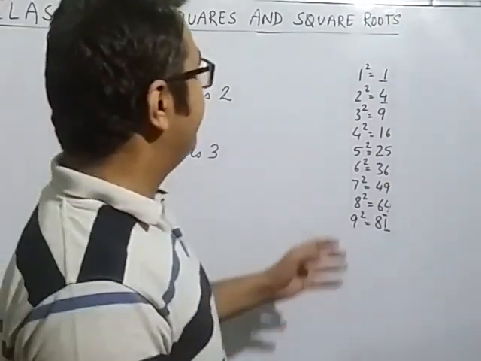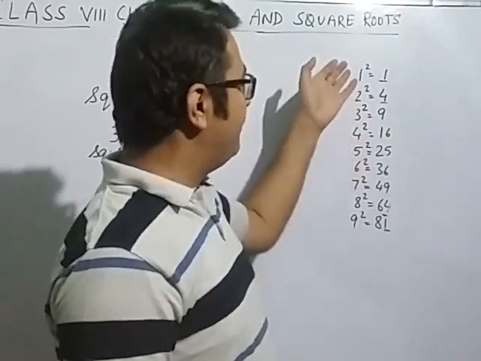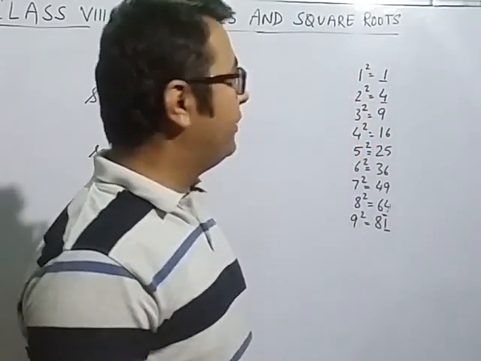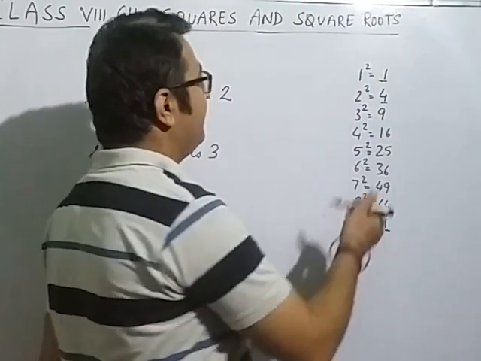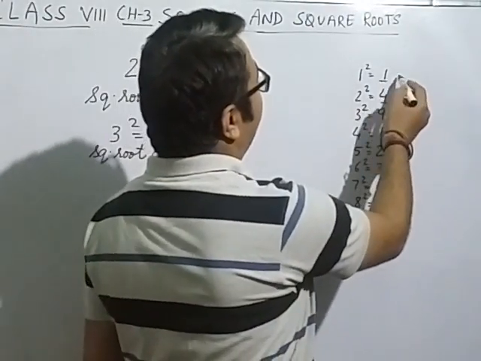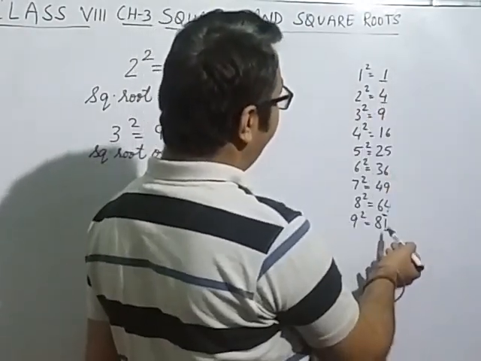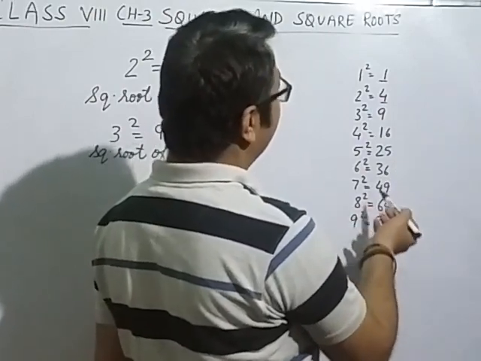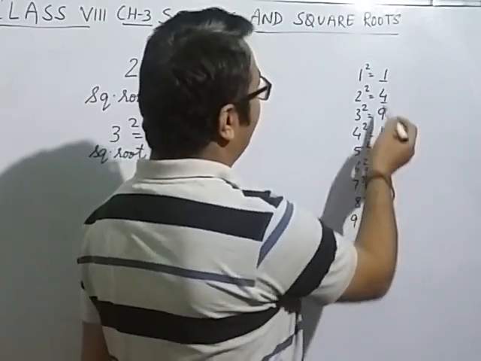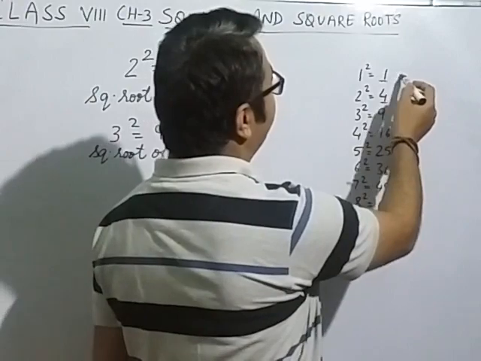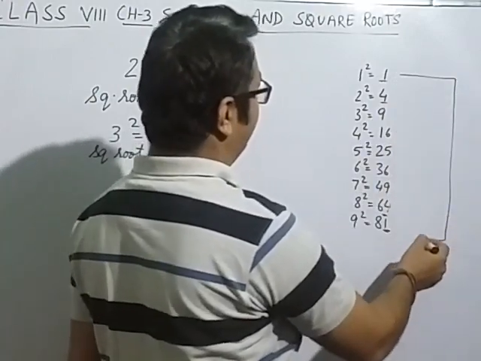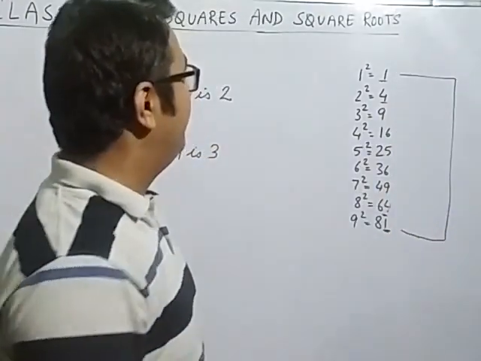As you can see, I have written squares of numbers from 1 to 9. You can observe here, in the squares of 1 and 9 the unit digit is 1.